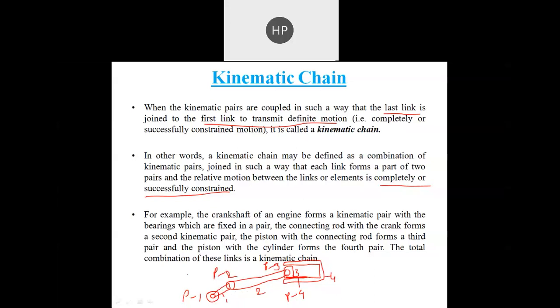The combination of all these is known as a kinematic chain. To create a kinematic chain, all these kinematic pairs are connected with completely or successfully constrained motion. Then we are able to get some power transmission or motion transmission in that kinematic chain.